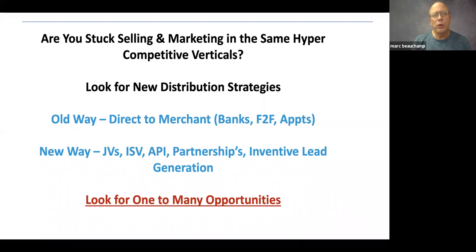And what we're really wanting to do when we're thinking about building out new distribution channels, and I hear this from guys all the time, is that they're stuck selling and marketing in the same hyper-competitive verticals that we're all in, right? So if you're out selling restaurants, hospitality, or going door to door down the street, everybody else is doing that too.